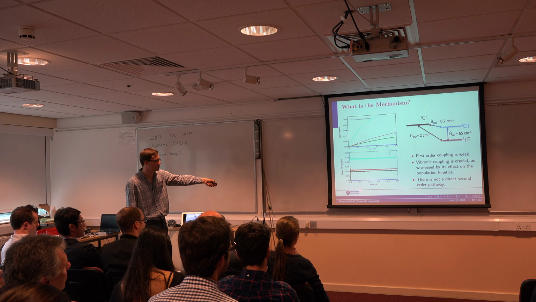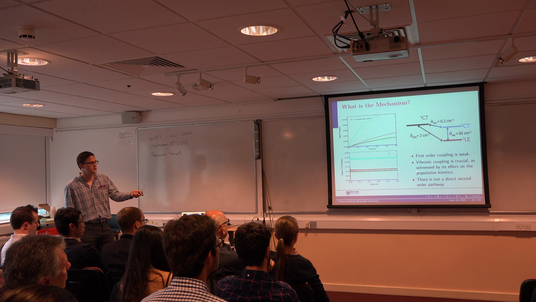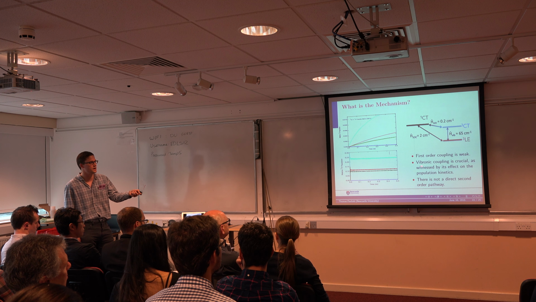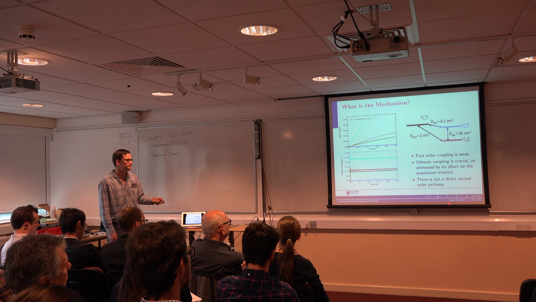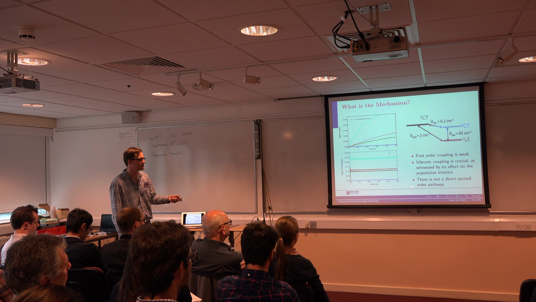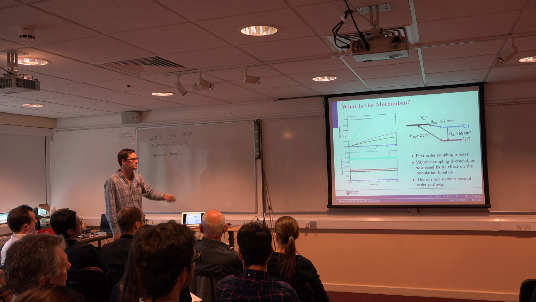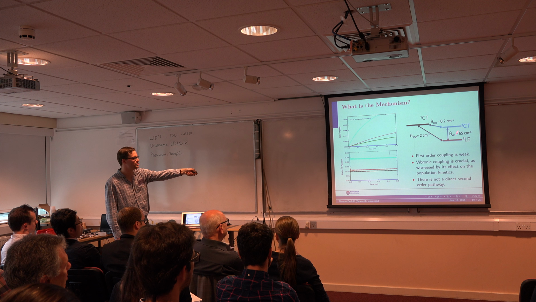So the first order coupling is weak, which really shows that the vibronic coupling is crucial if you want to get this faster reverse intersystem crossing. And there's no direct second order pathway. It has to first form this equilibrium and then go via this maybe slightly unintuitive route.